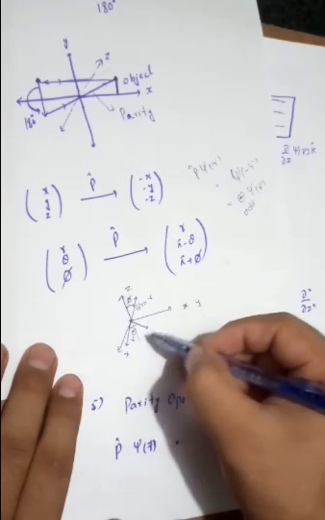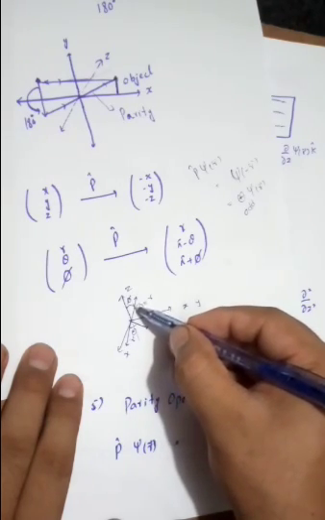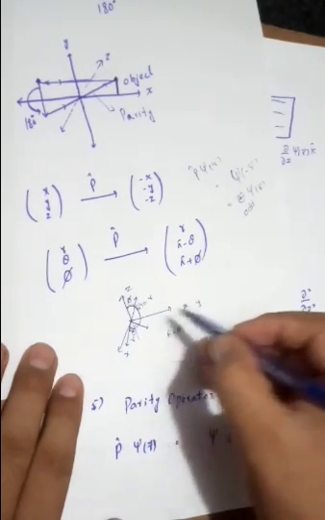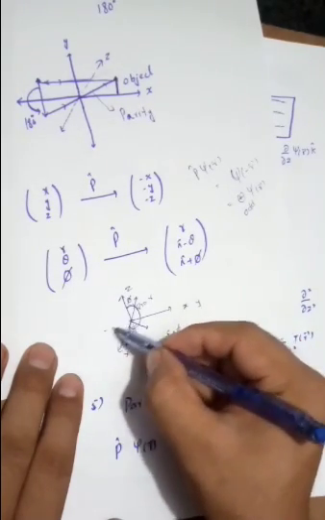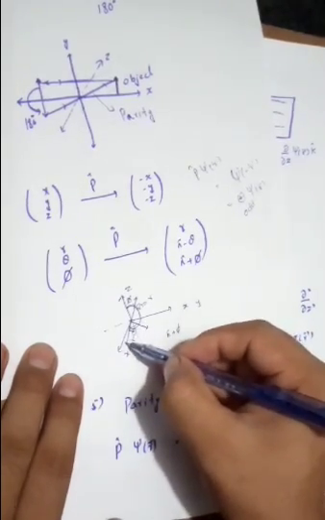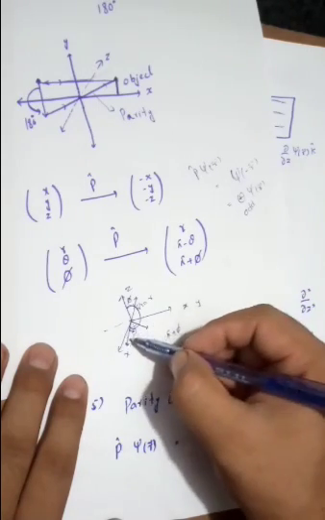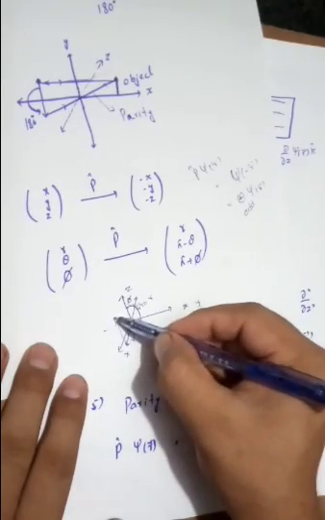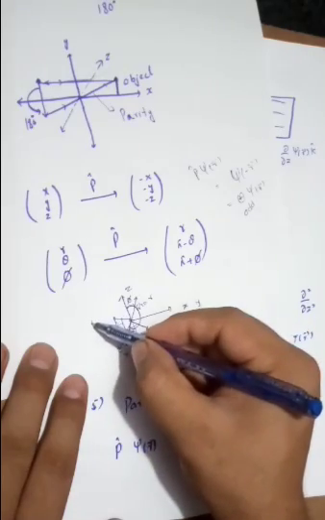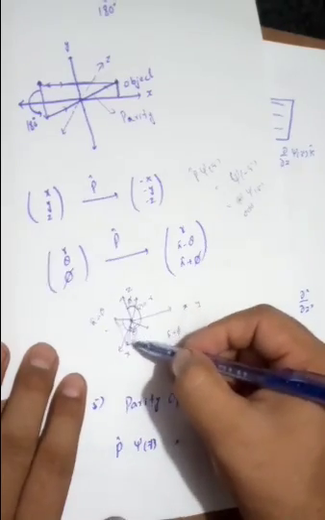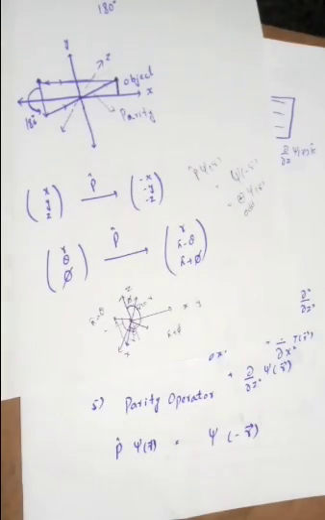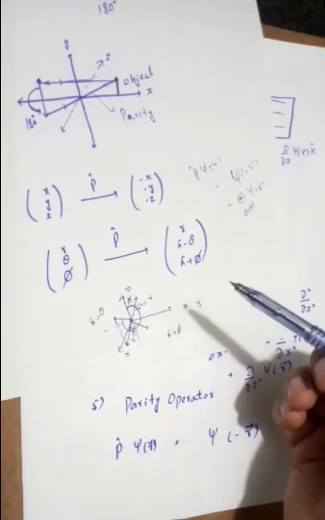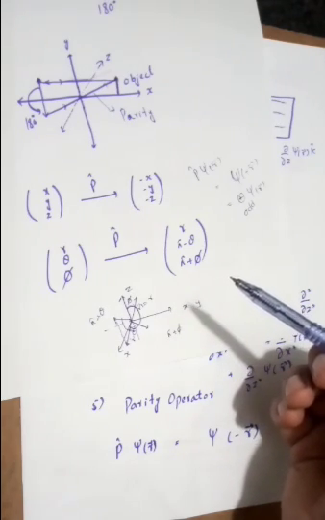Now the z-axis is here, so if we look here, this angle is now pi plus phi, and this inverted position vector projection here will have an angle of pi minus theta with the positive x-axis. So we will discuss the parity operator in complete detail in the topic of parity operator.